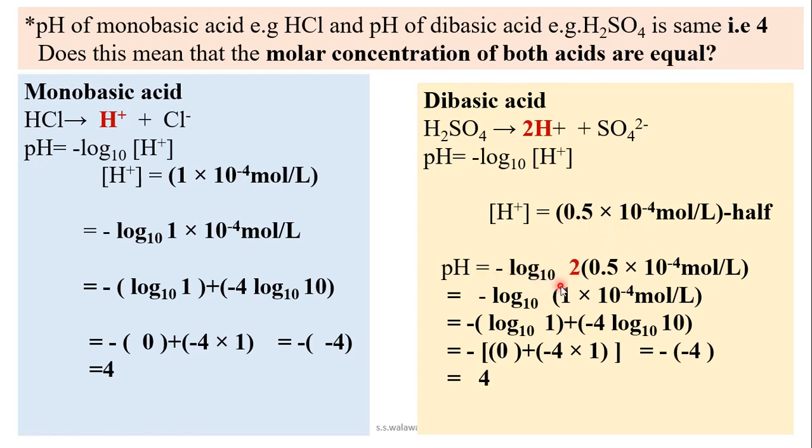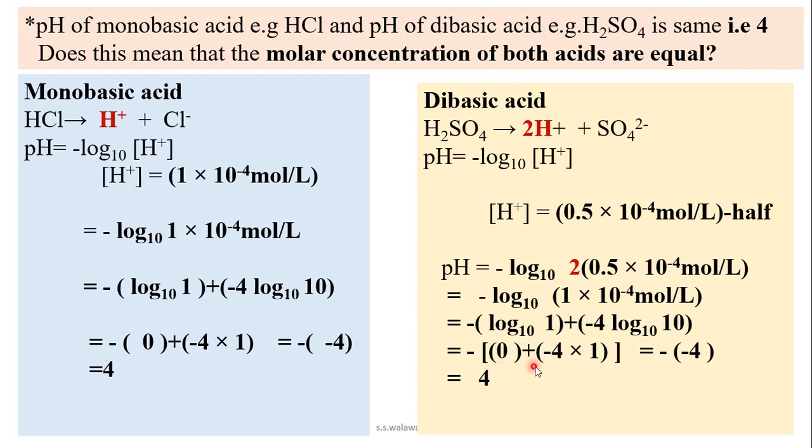Therefore minus log to the base 10 of 2 into 0.5 into 10 raised to minus 4. That is the hydrogen ion concentration, and that is equal to minus log to the base 10 of 2 into 0.5, that is 1 into 10 raised to minus 4 moles per liter. And that is equal to minus log to the base 10 of 1 plus minus 4 log to the base 10 of 10. And log to the base 10 of 1 is equal to 0.